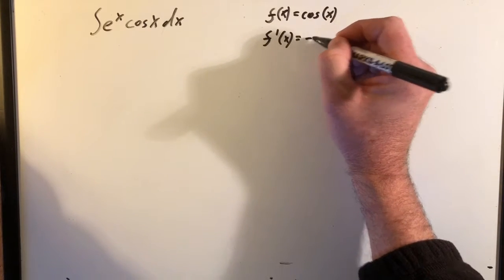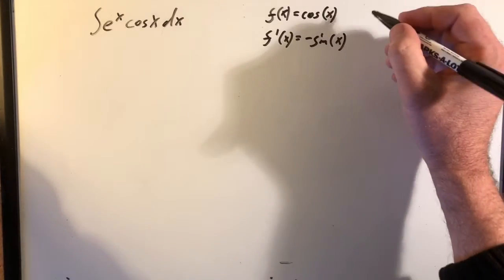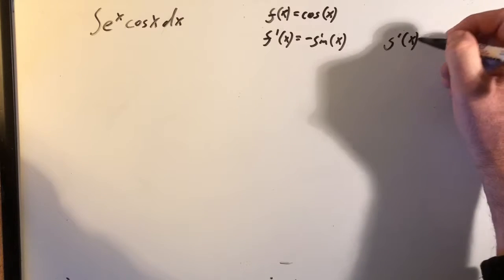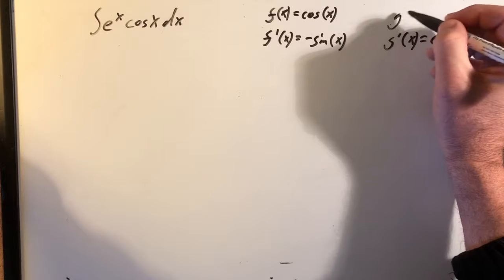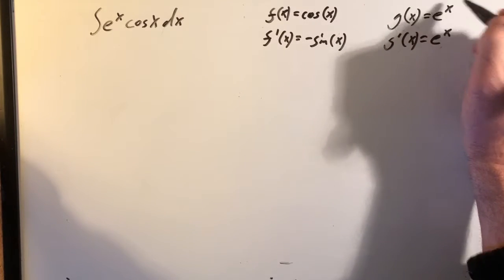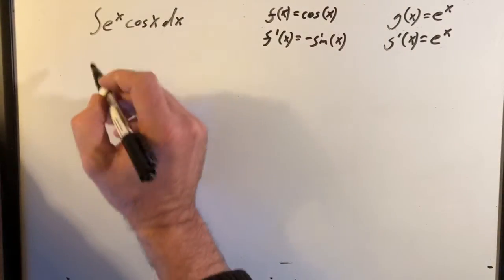So I'm going to select f of x equals cosine x, and therefore my f prime of x is going to be equal to negative sine x, and then my g prime of x is going to be equal to e to the x. g of x equals e to the x. Okay, so then we'll just start working through.